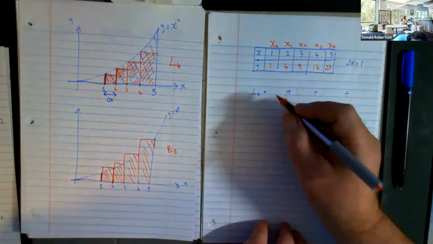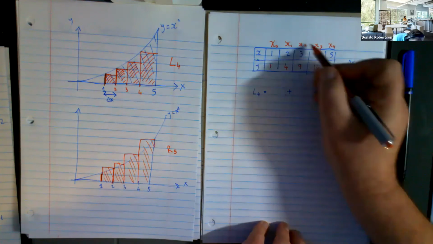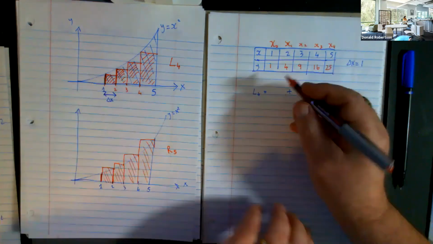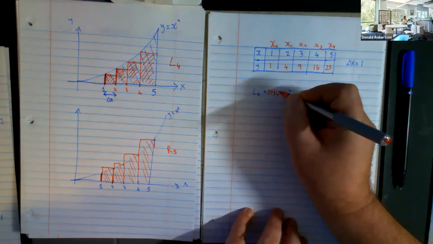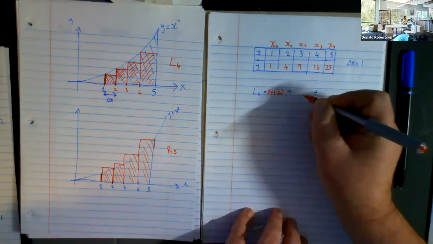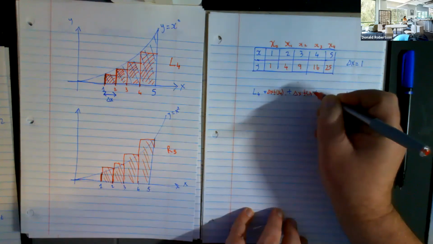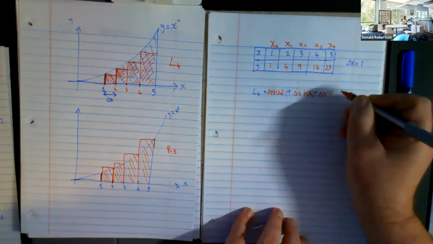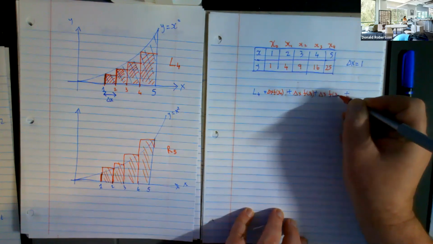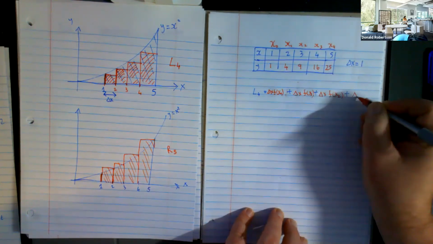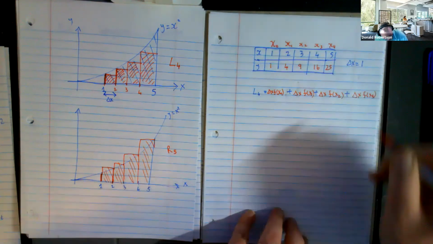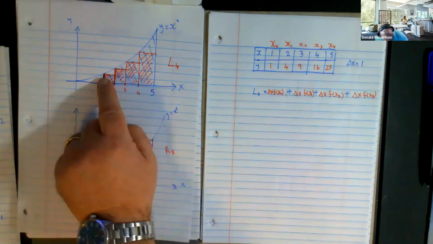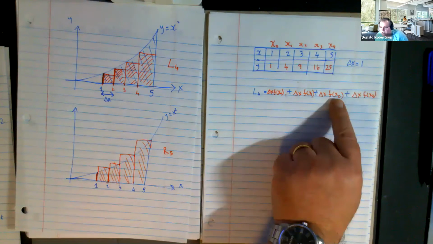Now, if I want to find that rectangle using this information, it's going to be delta x times the value of the function at x0, delta x times the value of the function at x1, delta x times the value of the function at x2, and finally delta x times the value of the function at x3. That's basically width and height of the first one, second one, third one, fourth one.